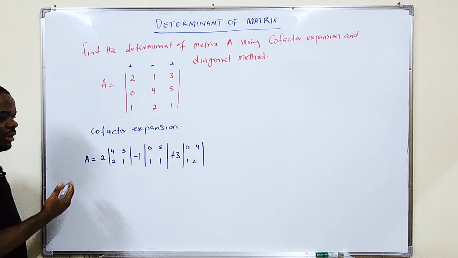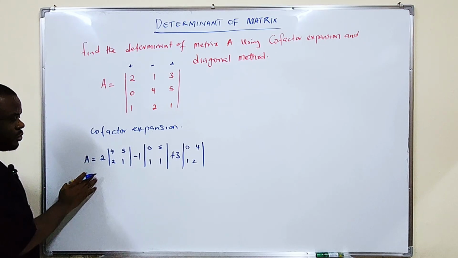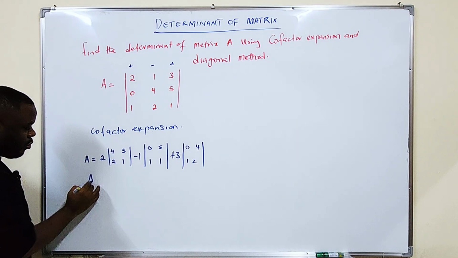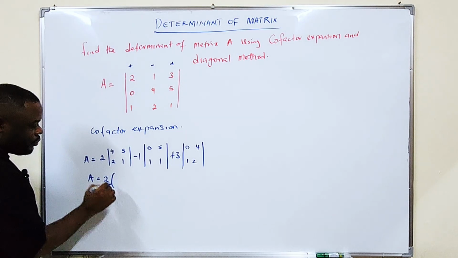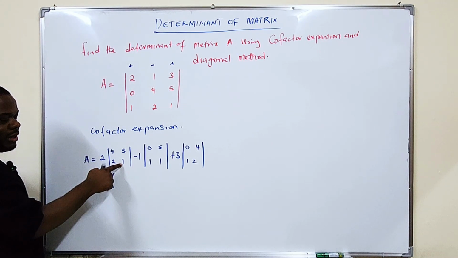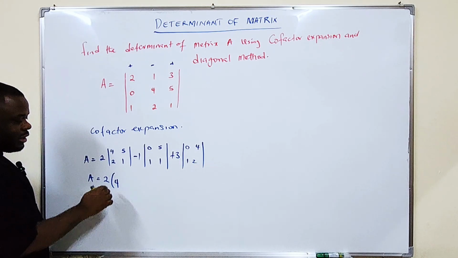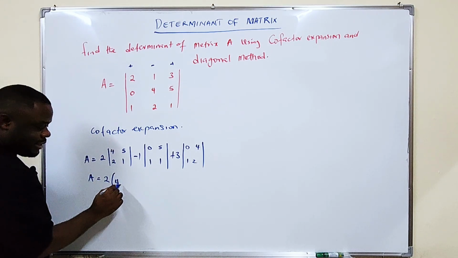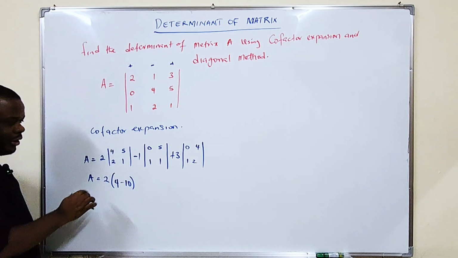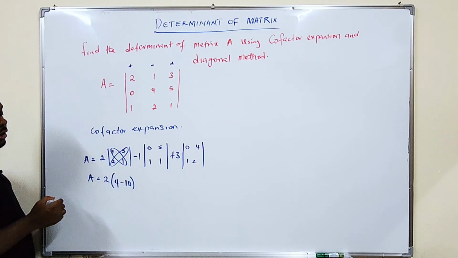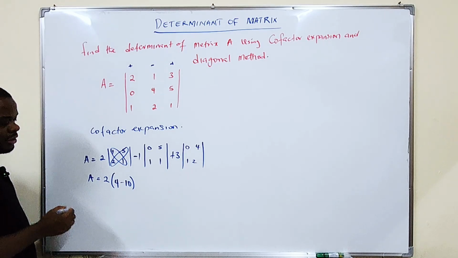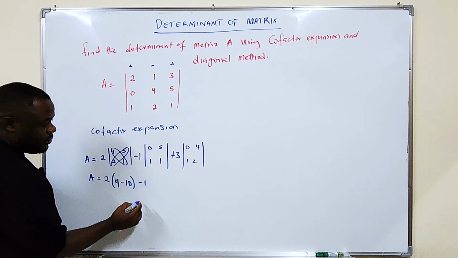Okay. So like the word said, cofactor. Let's multiply what is inside this matrix. We have 2 multiplied by 4 multiplied by 1 is 4, then 5 multiplied by 2 is 10, so minus 10. So this is the product of this diagonal minus the product of this diagonal. We now have negative 1.